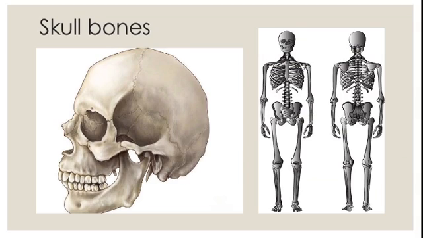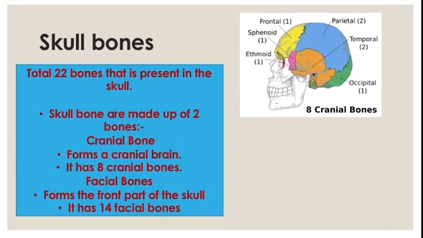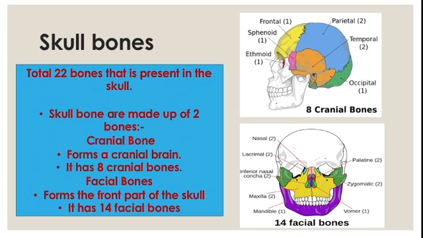So dear students, now let us learn more about skull bones. Do you know how many bones are present in the skull? There are 22 bones present in the skull. Yes, it is a very big number, right? Have you ever noticed that there are no movements in the skull because it is a fixed bone?